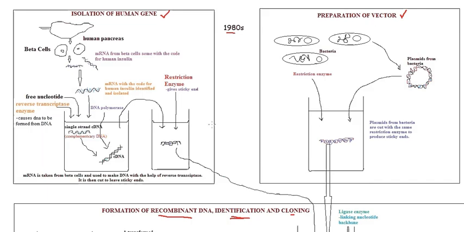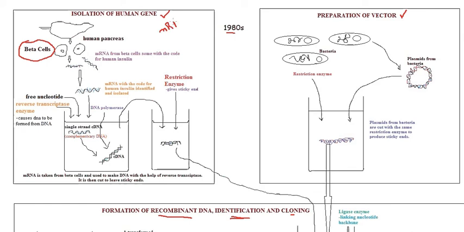The first part is you take the beta cells from the human pancreas. These beta cells will contain mRNA because there is constant production of proteins.